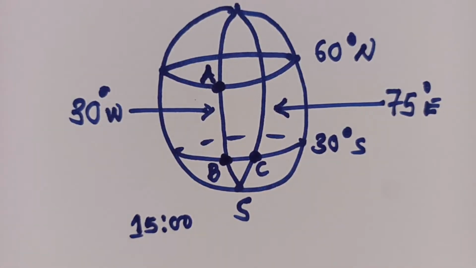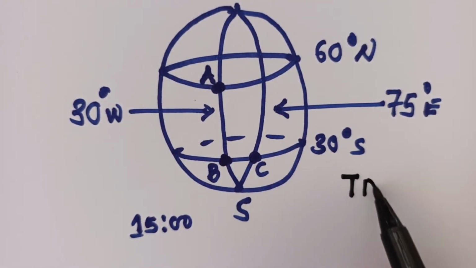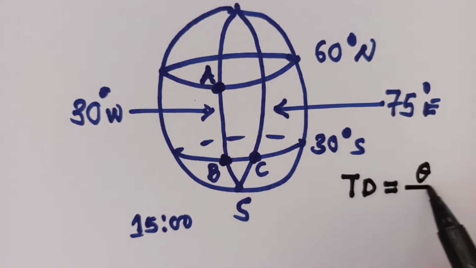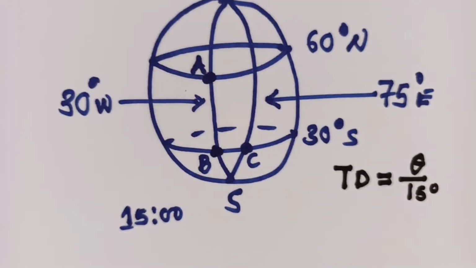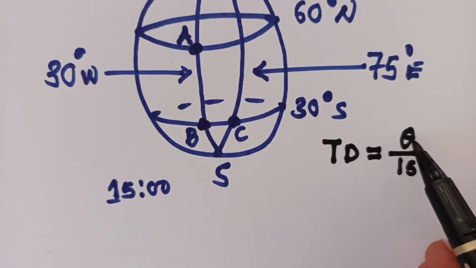How do you do this? There are only few steps that you need to follow. The first step here will be to know this formula. Time difference is equal to theta over 15 degrees. And when you do that, you're going to calculate the value of theta.